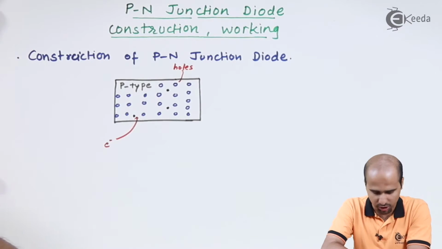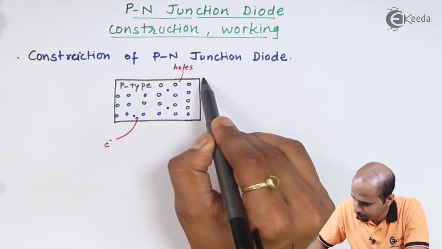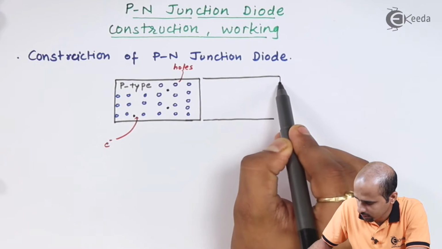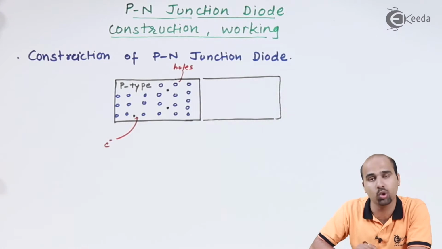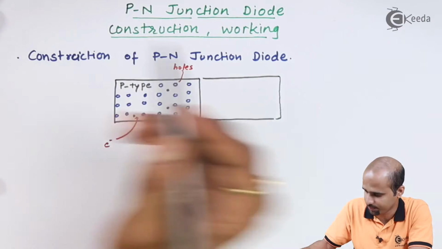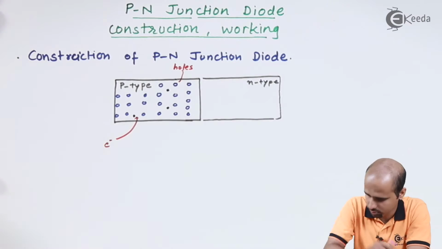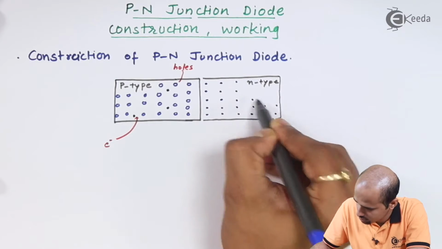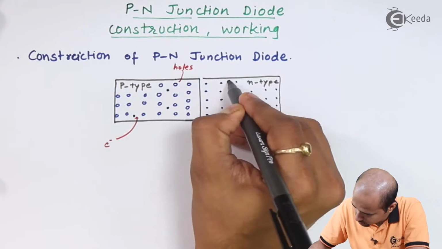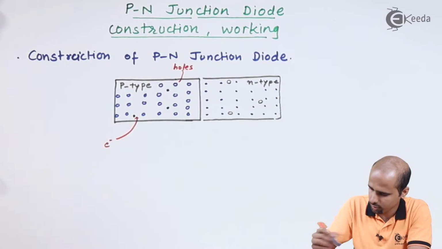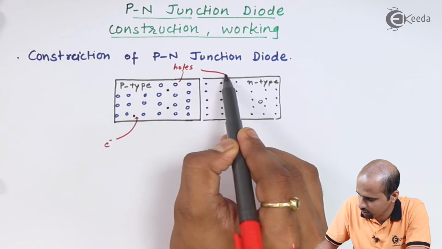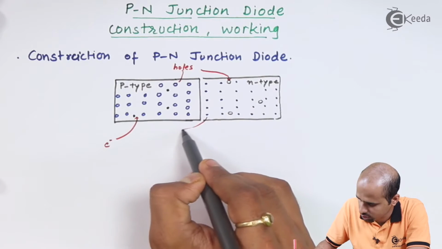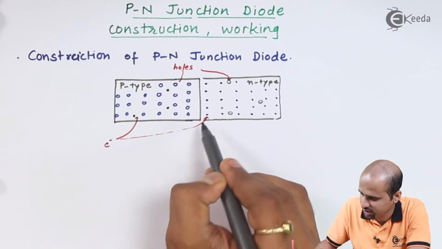Same story we will repeat for N type of semiconductor. For N type of semiconductor, the story is exactly opposite. So here we will be having holes as minority charge carriers and electrons as majority charge carriers.